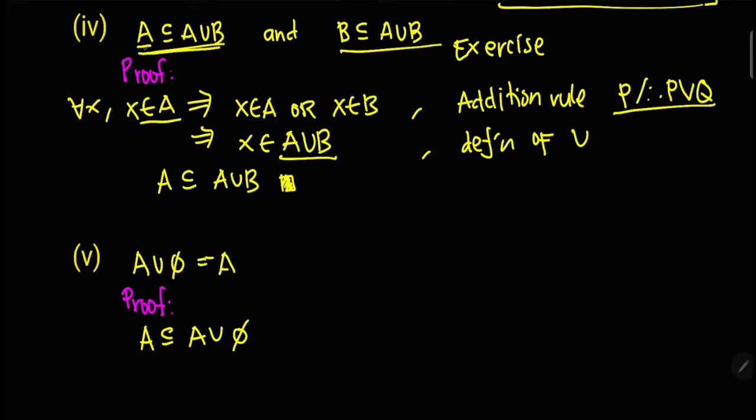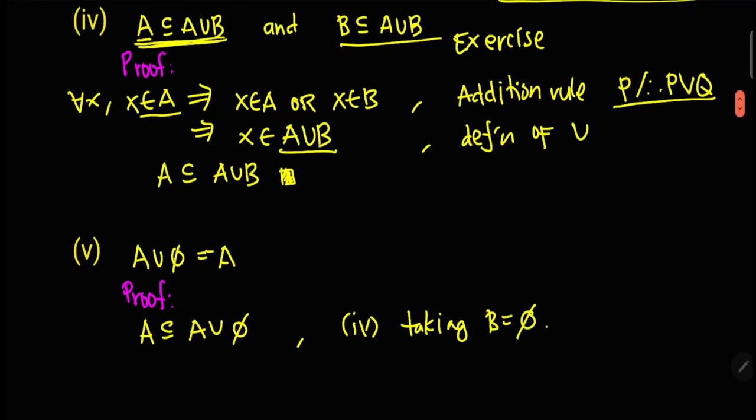Again, this is a general statement, statement 4: A is a subset of A union B, where B is any set. In particular, we can take B equal to the empty set. So this is from property 4, taking B to be the empty set. Any general statement is true for a particular case.